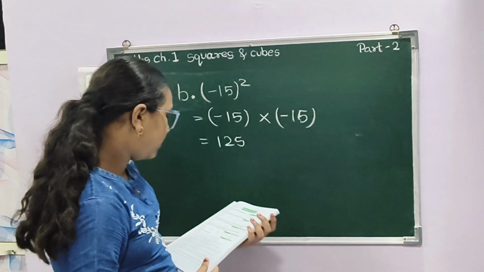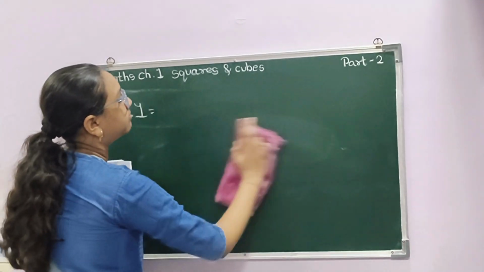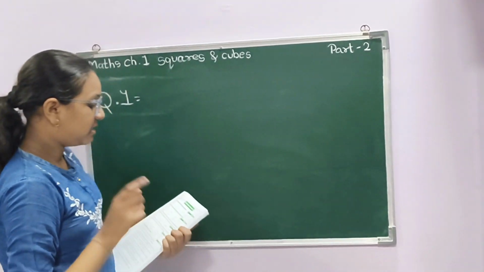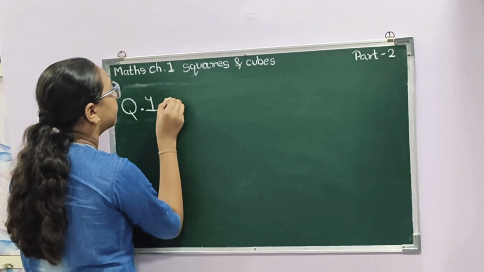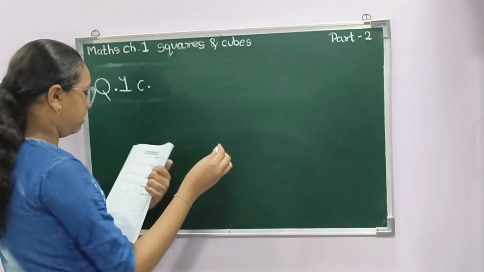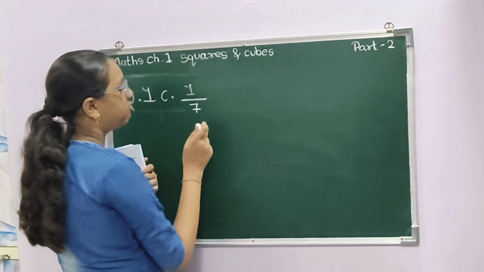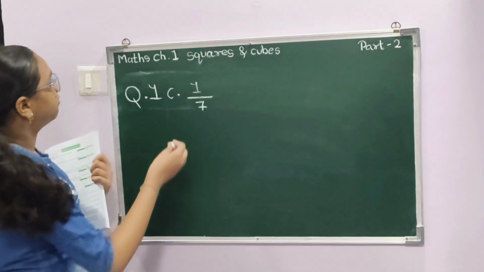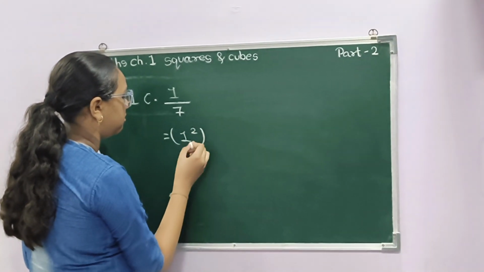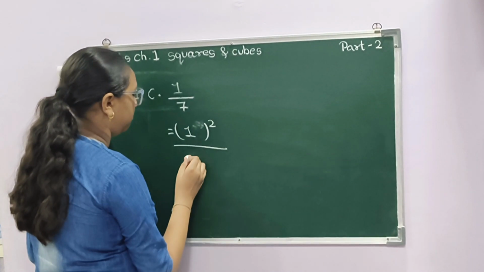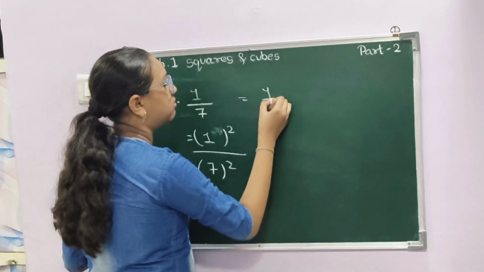Okay. So now we will solve C question, and that is a fraction. And that is a proper fraction also. C is 1 upon 7. Now we have to write the square number. Equals to 1 upon 7, or you can write like this also.